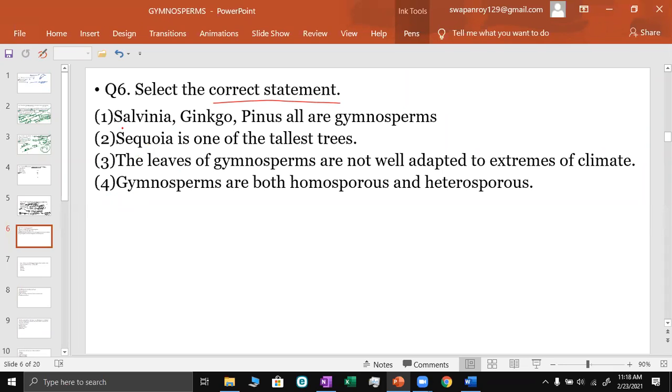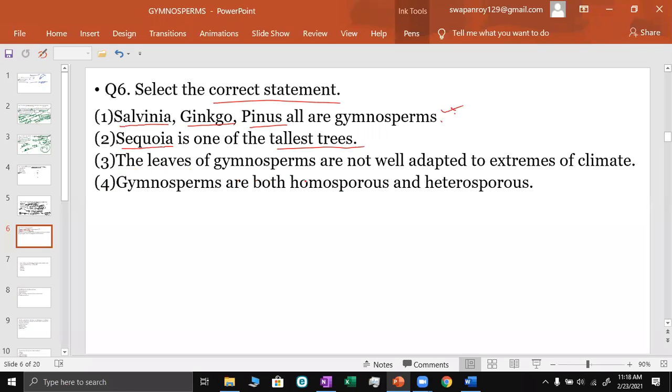Salvinia, Ginkgo, Pinus, all are gymnosperm. Sequoia is frequently coming in the question. Sequoia is one of the tallest trees.